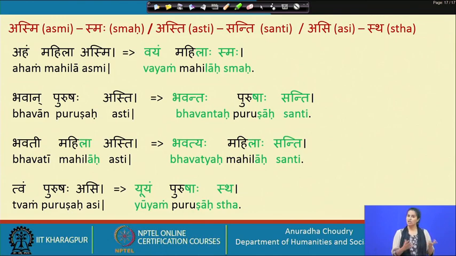Tvam shikshakah, teacher. Tvam shikshakah asi. Yuyam shikshakah stha. Let's do it in the feminine with the word Sanskrita priya. Tvam Sanskrita priya asi. Yuyam Sanskrita priyaah stha. Uttamam.